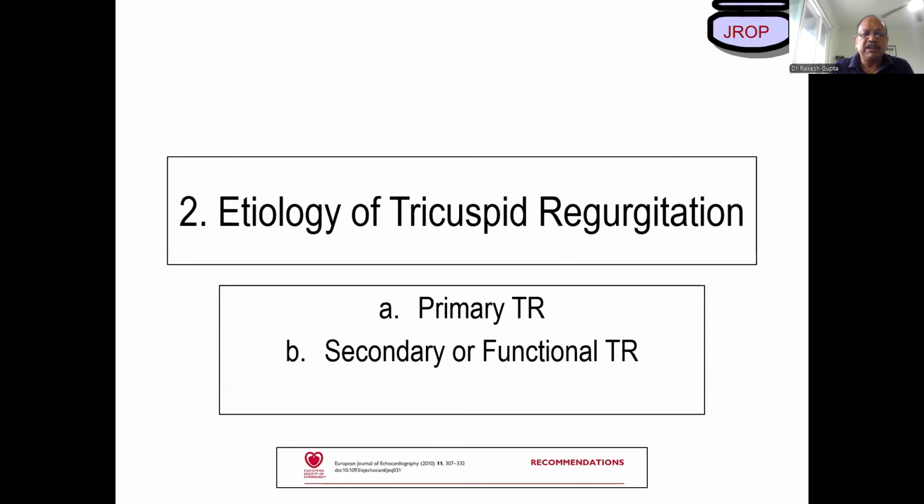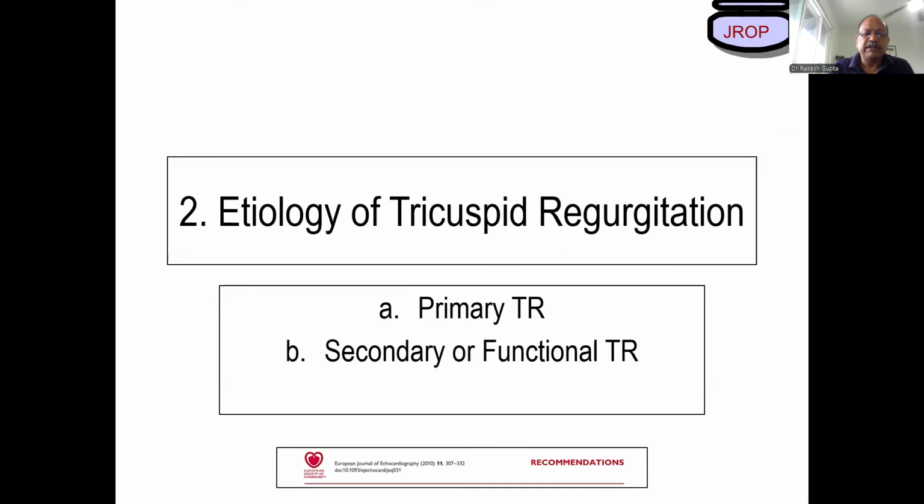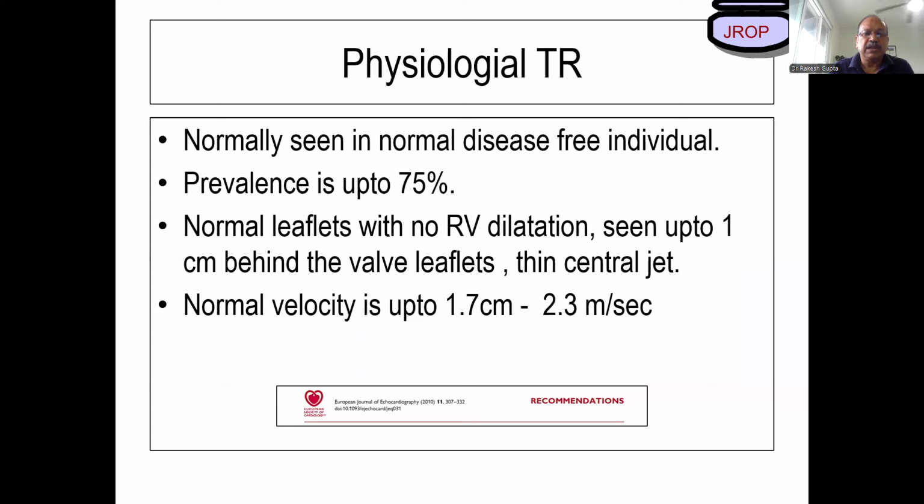Etiology of tricuspid regurgitation: it could be primary or secondary. Secondary is also called functional, or physiological TR. When do we see these kinds of abnormalities? Physiological TR is when we have no associated abnormalities. You happen to see physiological TR virtually in every subject we evaluate in day-to-day practice.